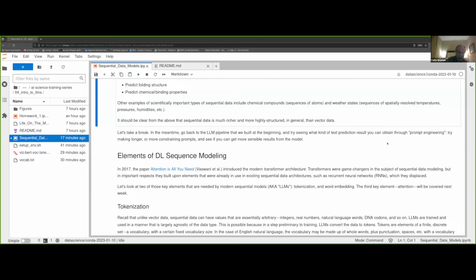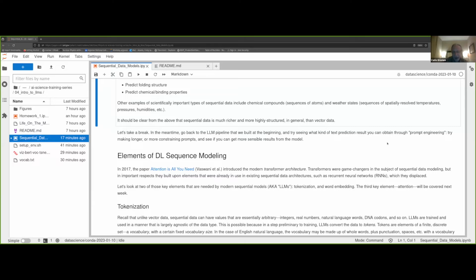And so from this, I hope you get the impression that sequential data is much, much richer and highly structured in general than vector data. And if you can learn to exploit that structure and that richness, you can make some very interesting and nuanced decisions.